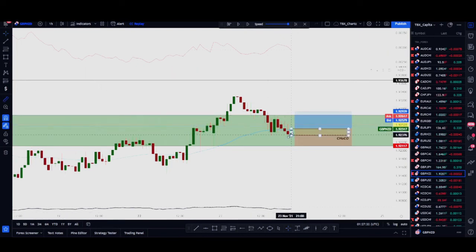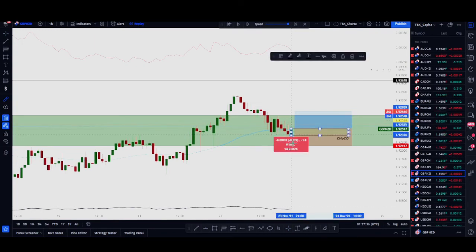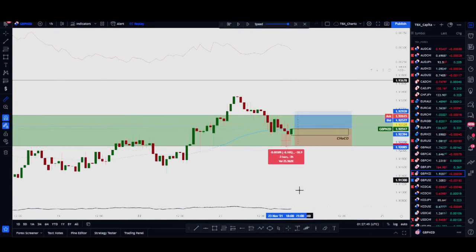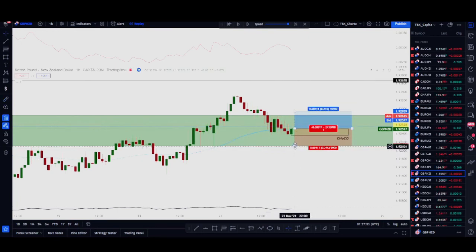So I'm going to place it 30 pips below this candle right here. Oh, that's too much. I think it's already there. Let me just shift this down a little bit. And that's 30 pips.